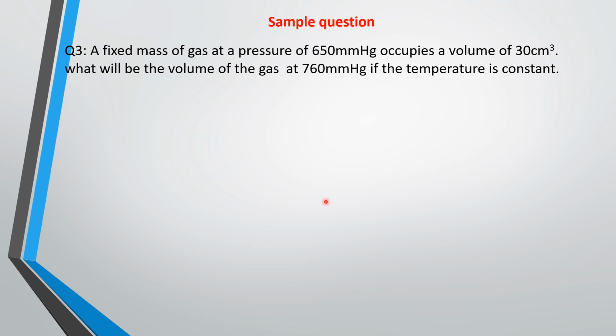Okay, so let us bring out the variables that are given to us. I'll be calling that P1. In this case, P1 is given to us to be 650 millimeter Hg, V1 is given to us to be 30 centimeter cube.